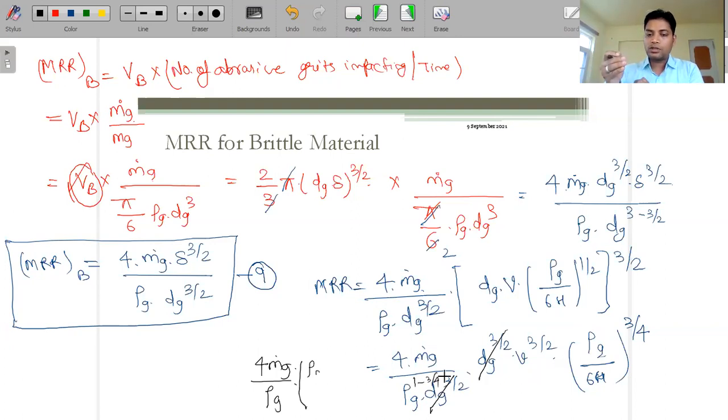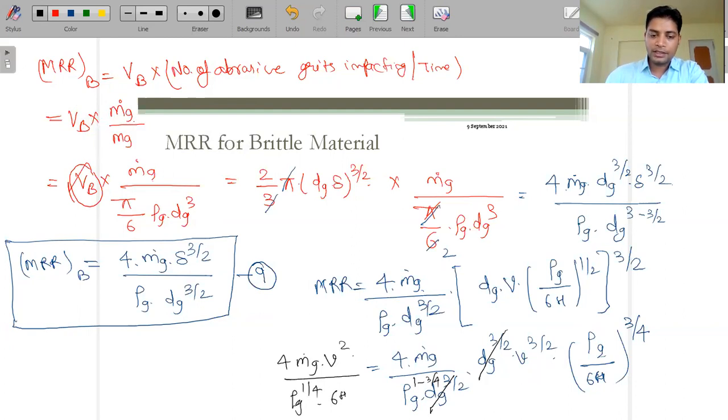When you bring it downside, it will become 1 by 4. So this is 4 into m dot g into v square upon rho g raised to 1 by 4 into 6h raised to 3 by 4.